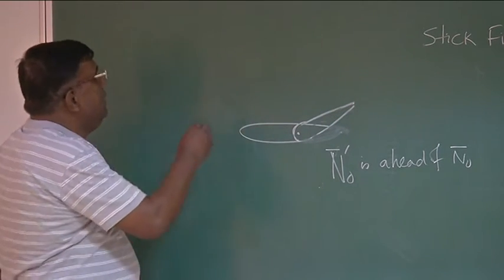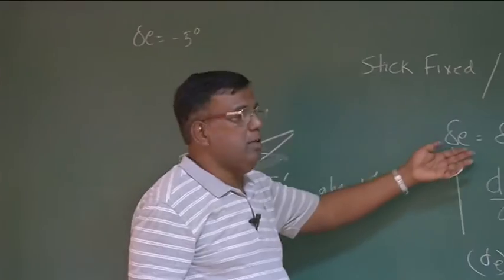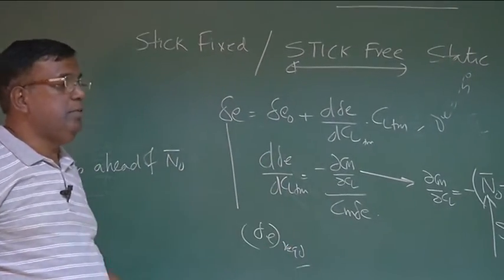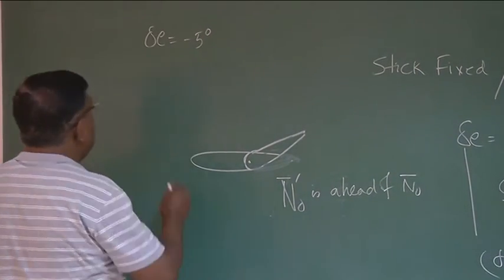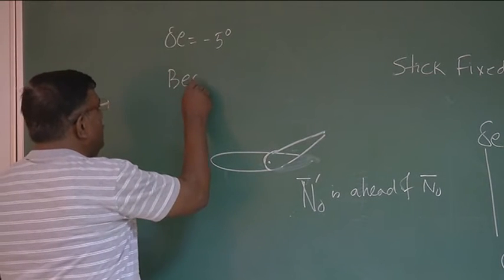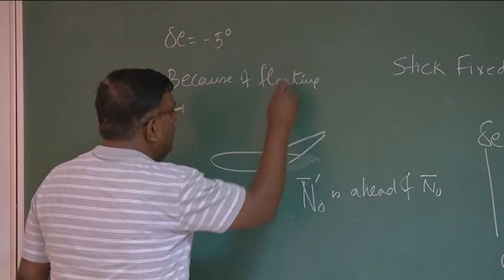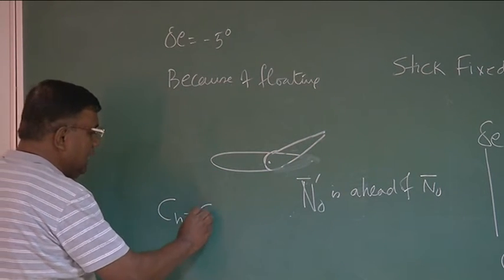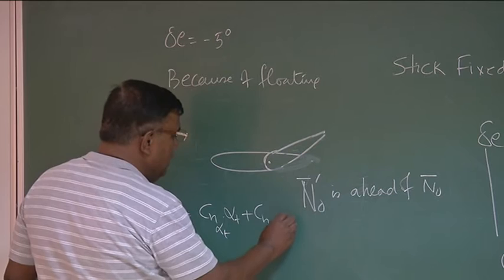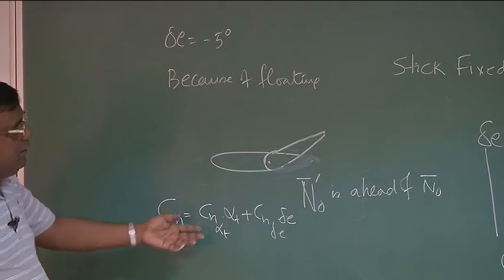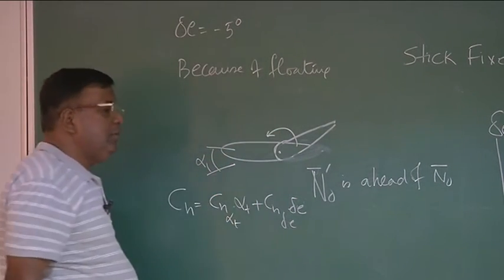For example, let's see. Suppose delta E required is minus 5 degree as given by this relationship where a not stick fixed is used, and that is only to be used, right? But you have seen, suppose because of floating, and if I recall what is floating, we wrote CH equal to CH alpha t into alpha t plus CH delta E into delta E. Remember, CH alpha t means if there is an alpha t tail, there will be a nose down moment because of alpha t.